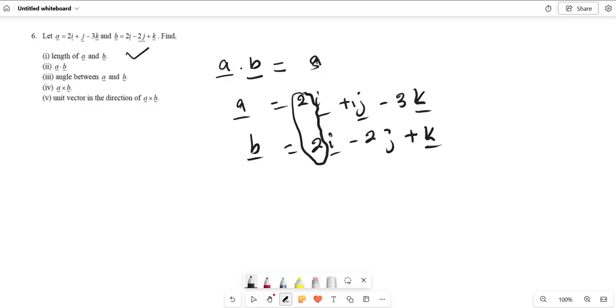Now here i into i is actually 1, j into j is also 1, k into k is also 1. So you are not getting the answer in the ijk format. You are just getting a scalar value, just a number. Okay, that's why we are calling this the dot product. In the dot product, you are getting a number.